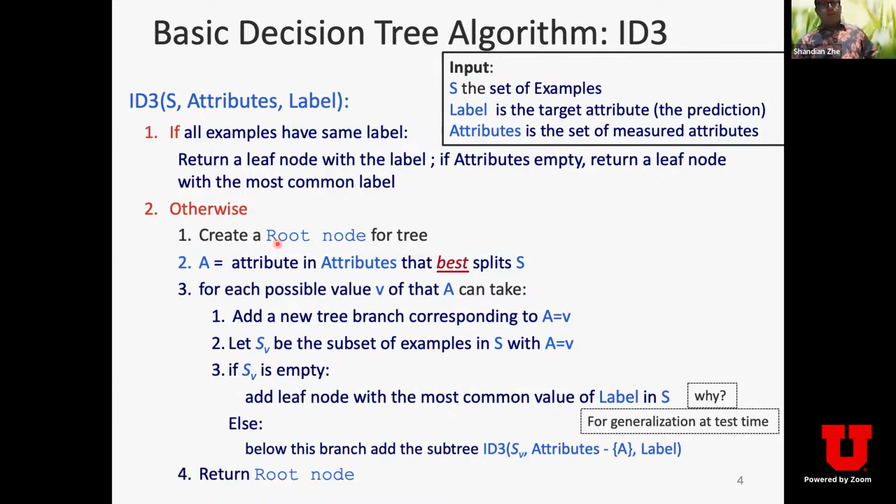Okay, and other than the 2 stopping conditions, we can consider how we grow the tree, right? So based upon the current set of examples, we're going to create a root node. Here, the root node means the global root node or the root node of a subtree, right? And then we're going to look at the attributes in the current attribute list, right?